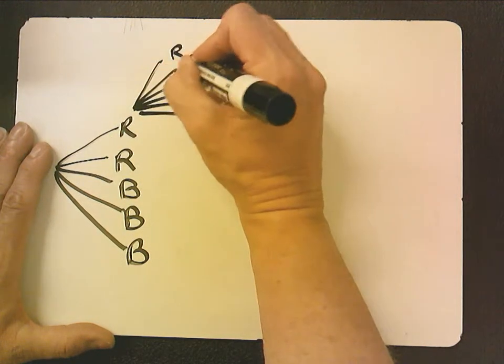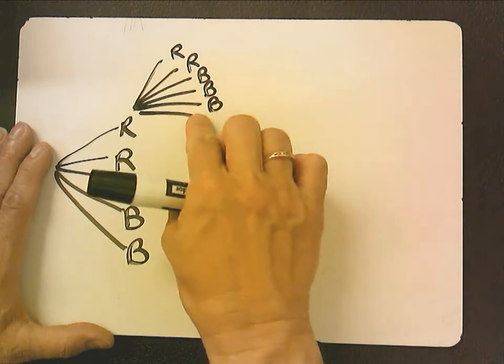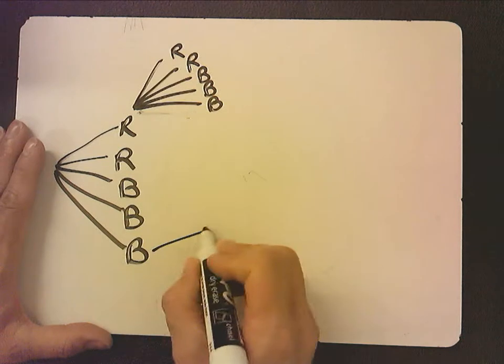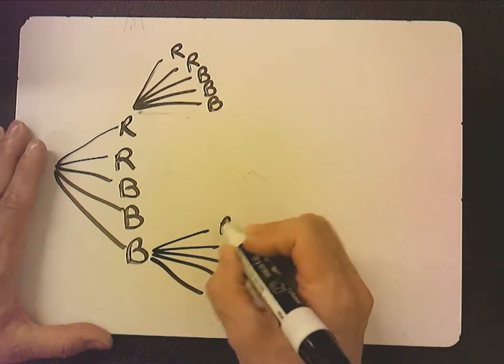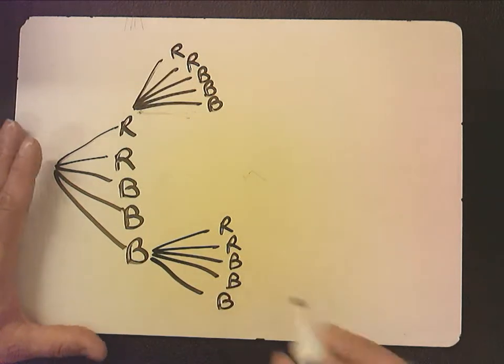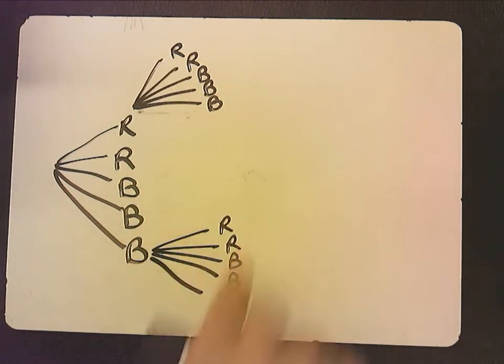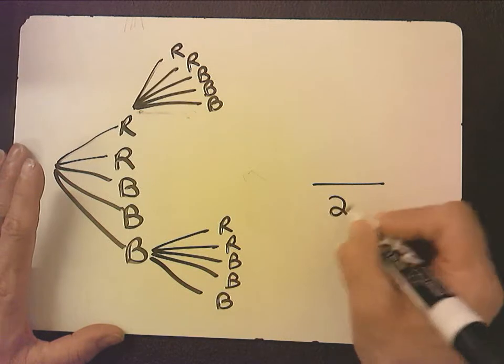And this would be the same for all of these: red, red, blue, blue, blue. So this is 5, 10, 15, 20, 25 different outcomes. So I know my denominator is 25.